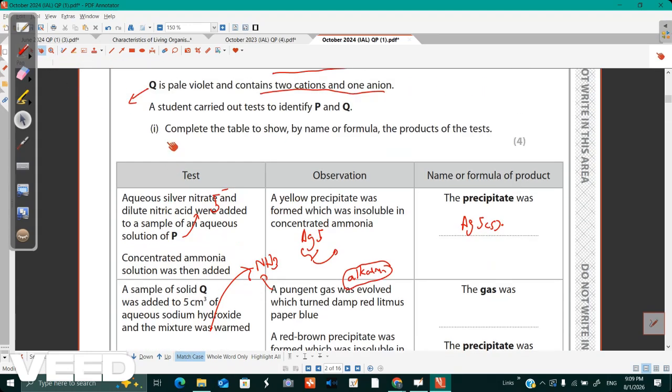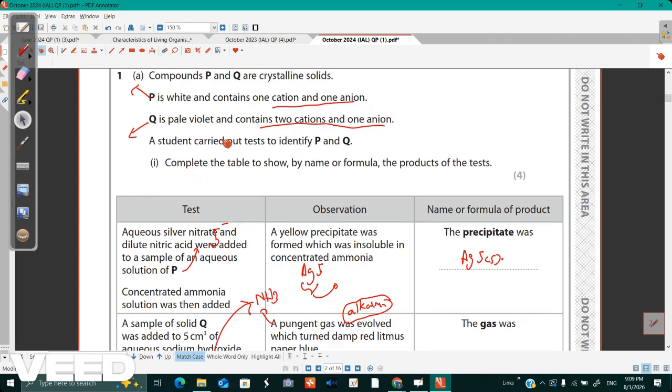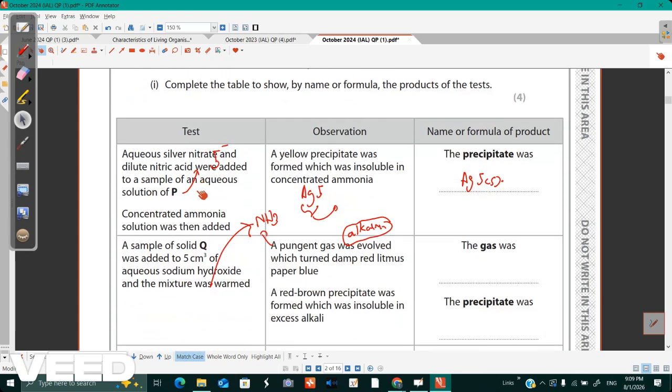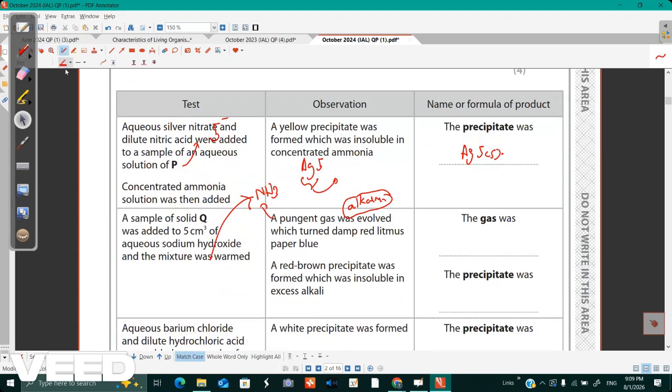They say it contains two cations and one anion. So to release ammonia gas, if you have the ammonium cation, NH4 plus, which is slightly acidic, when you put in sodium hydroxide, a strong base, it releases ammonia gas.